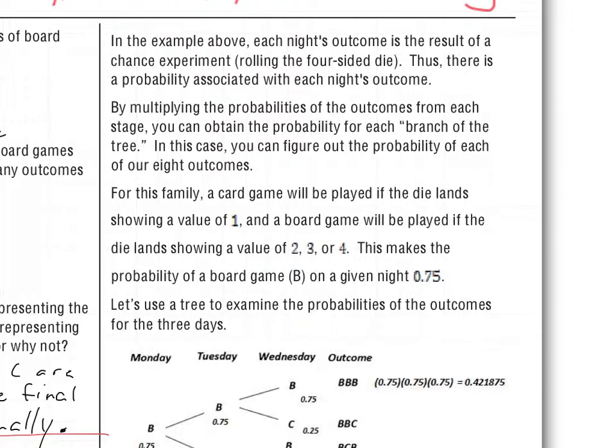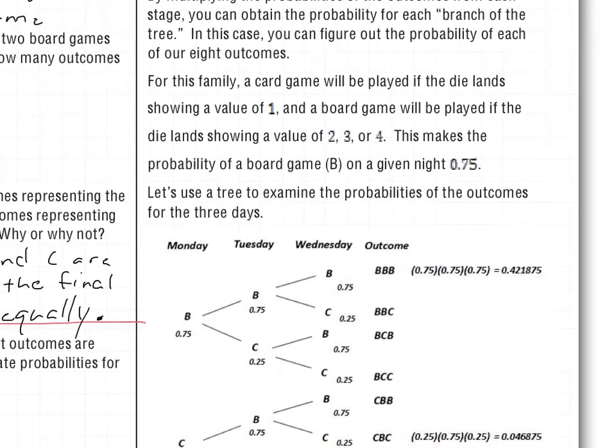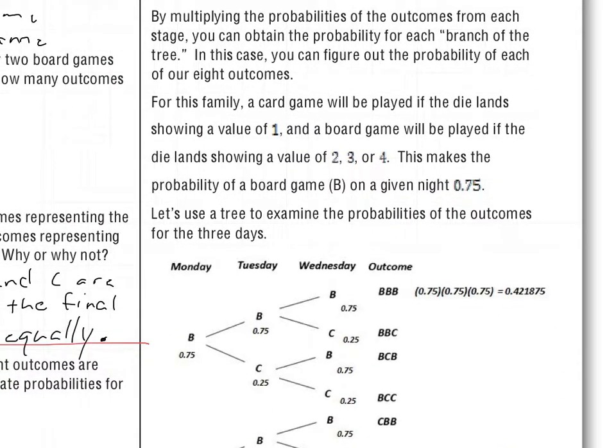In the example that we were given, each night's outcome is the result of a chance experiment, rolling a 4-sided die. Thus, there's a probability associated with each night's outcome. Now this is where we get into determining whether the 2 events are actually equally likely or not. This goes back to what we talked about yesterday. The family rolls a cube to decide, and if it lands on a 1, that's a card game.